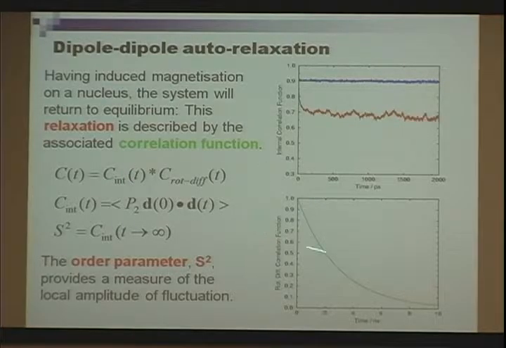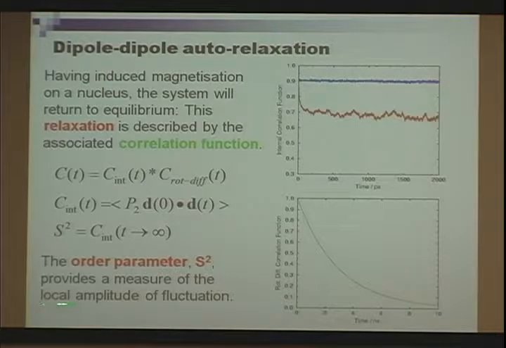The rotation diffusion term we consider to be an exponential decay function, and we can see that for a small globular protein such as ubiquitin, by the time you get out to 10 nanoseconds or so, the system has completely relaxed, and that's just through tumbling. When we look at the internal correlation function, you get a different correlation function. You start at 1, it decays to a sort of plateau.